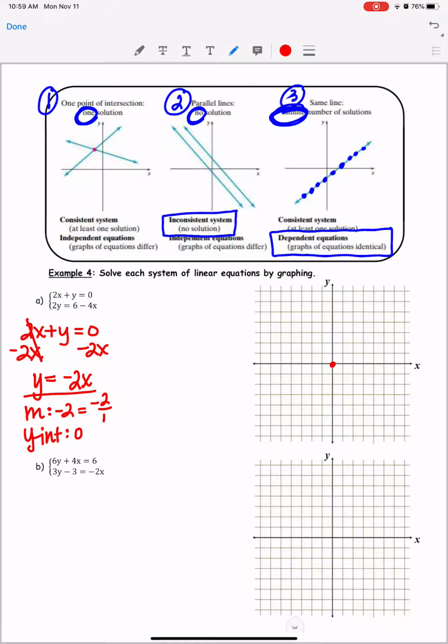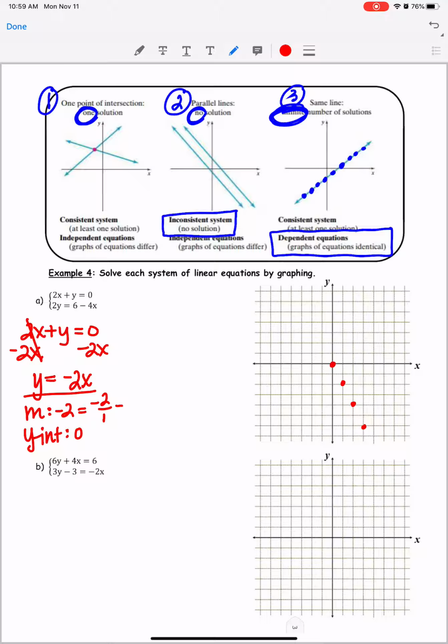So here at 0, now we're going to go up 1. Nope. Since it's negative 2 over 1, we'll go down 2 over 1, down 2 over 1, and just keep going. Okay, now I went all the way I could that way.